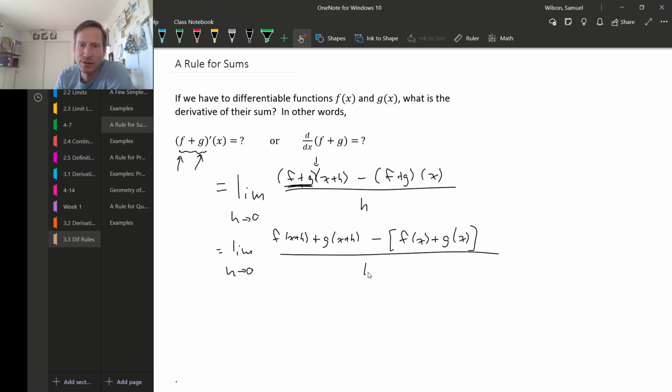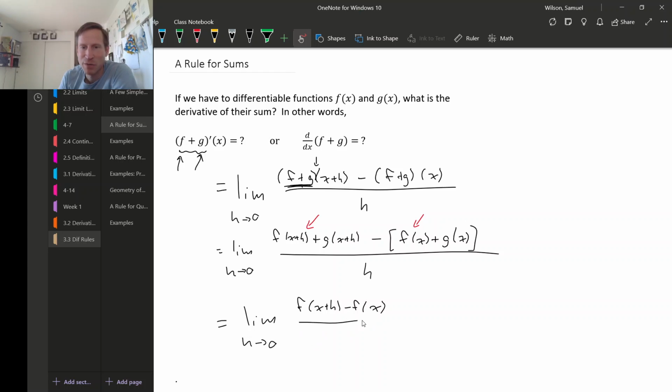all over h. Now remember, we're kind of expecting the derivative of f and the derivative of g to show up in some way, and there are some pieces of the limit that will give us the derivative of f and the derivative of g. These two pieces are things that we need for the derivative of f, so let's group those two pieces together. So limit as h goes to 0 of f of x plus h minus f of x.